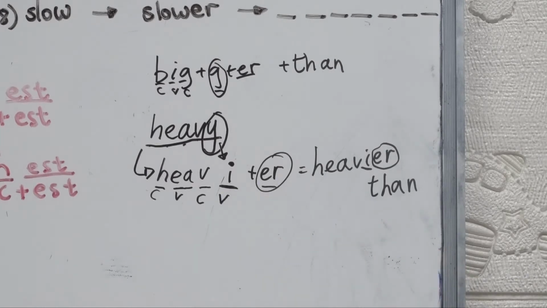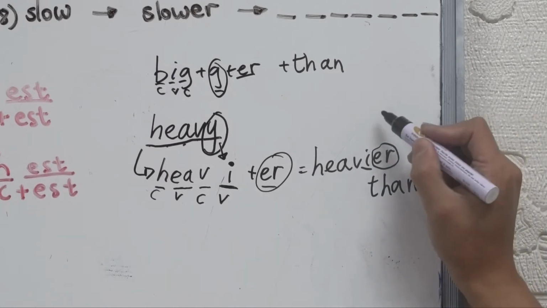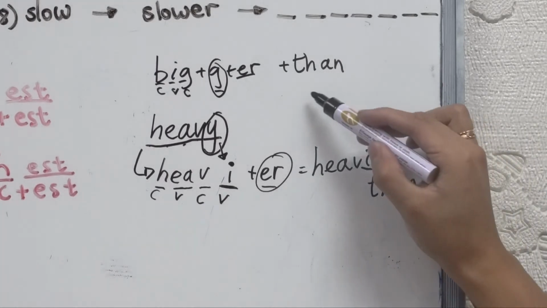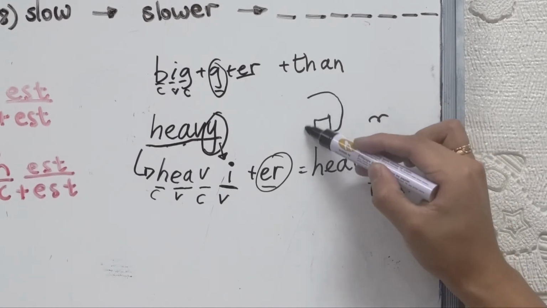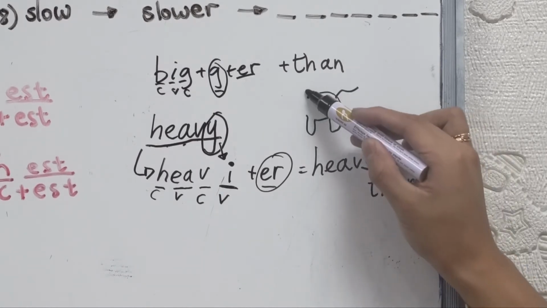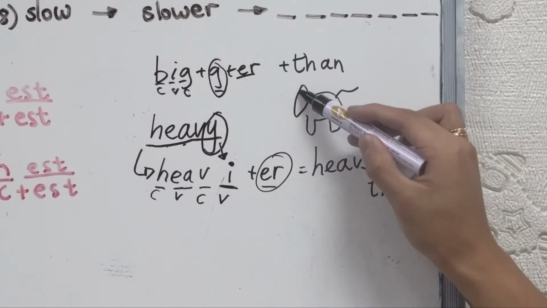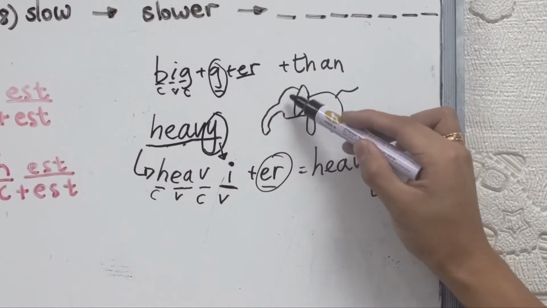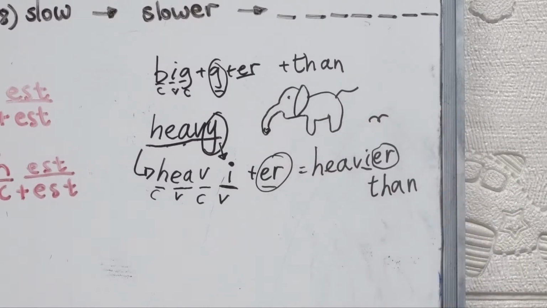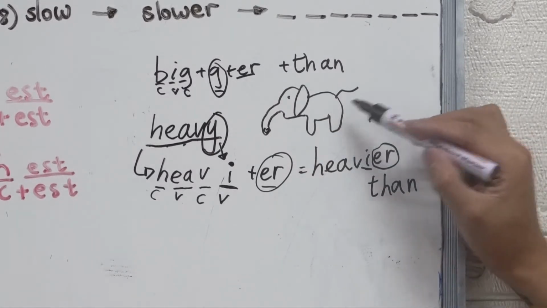So let's think about a bird, right? We have a bird, and then we have a very big elephant, right? So which one is heavier, the elephant or the bird?